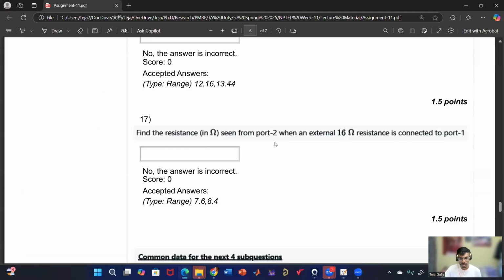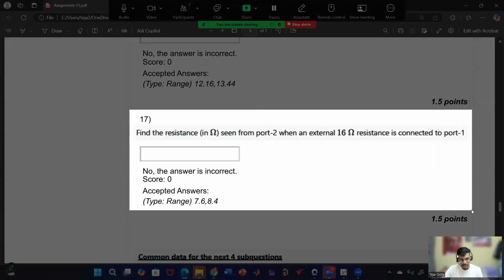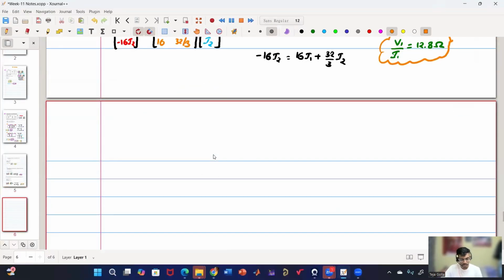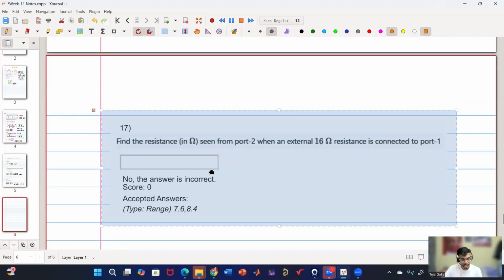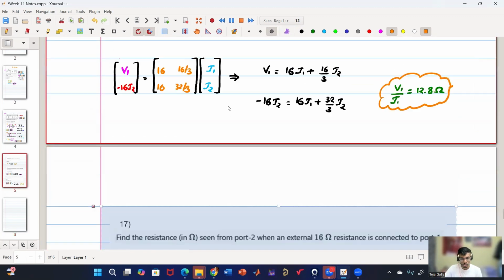Okay. Let us solve. This is the last problem in this problem set. So here they are saying 16 ohm is connected to port 1. And they are asking what will be the resistance seen from port 2.